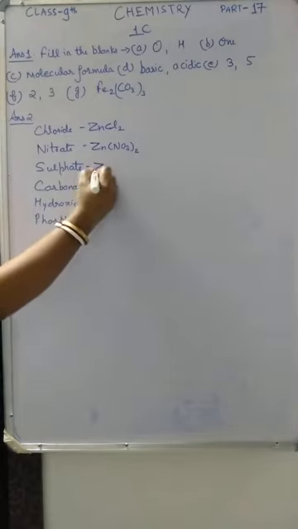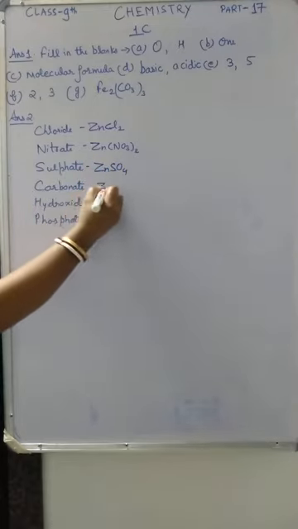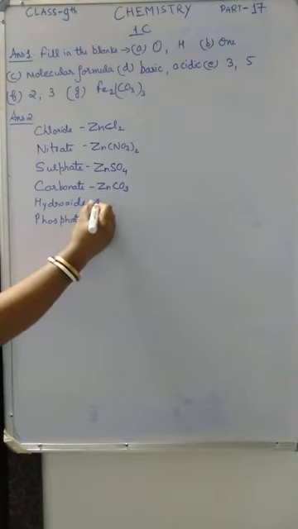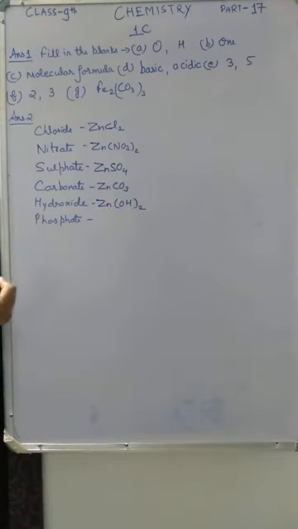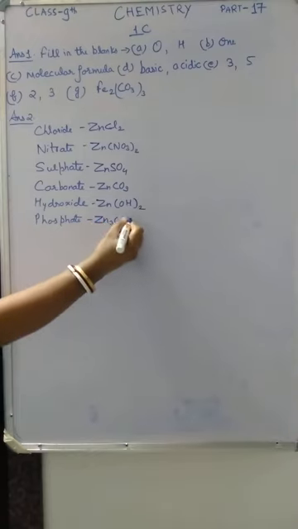Sulfate, ZnSO4. Carbonate, ZnCO3. Hydroxide, Zn(OH)2. Phosphate, Zn3(PO4)2. So this is for zinc.